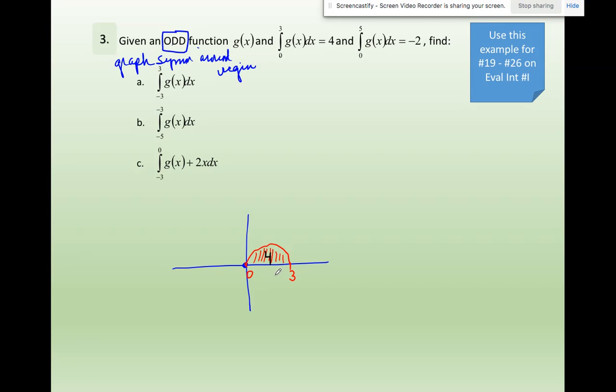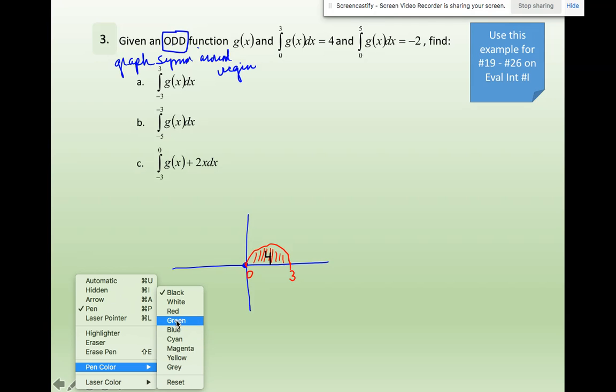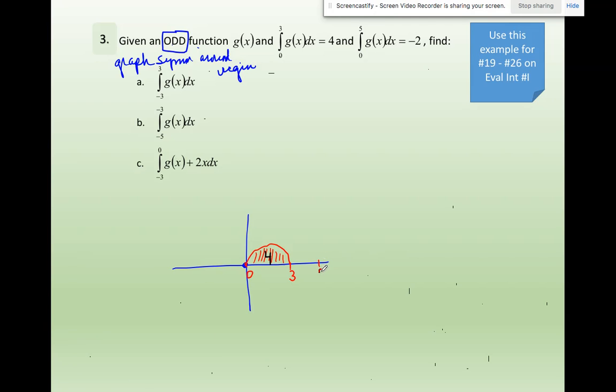Hold the phone. Look at the next statement. If you start at 0 and go to 5, your integral is negative. How could that be? If you had a total of positive 4 going from 0 to 3, how can going from 0 to 5 get you a negative number? Okay, yeah. You've got to be below the x-axis, right? How much below? G of x values are negative. You know your dx values are positive, so your function has to be negative.